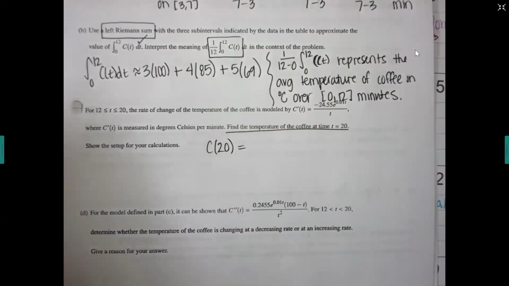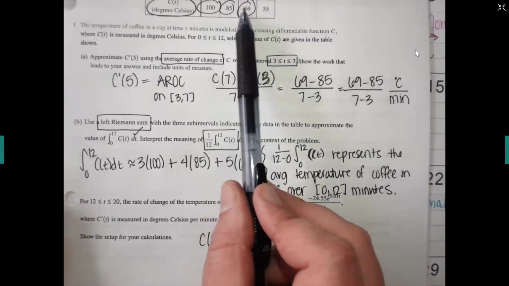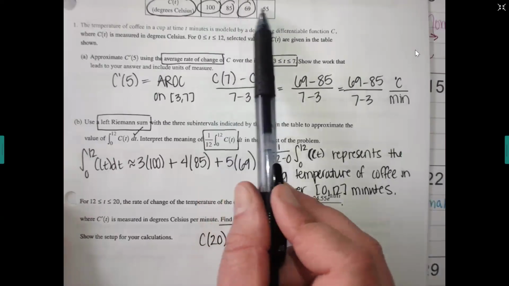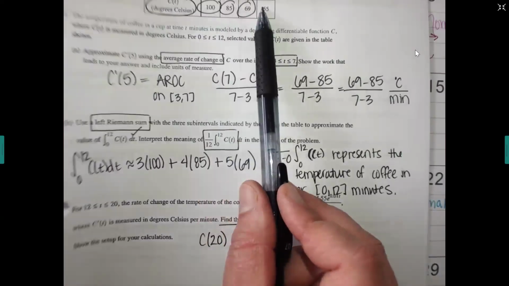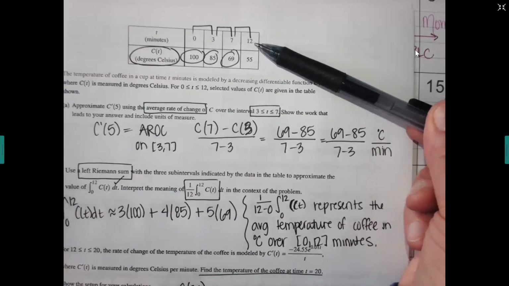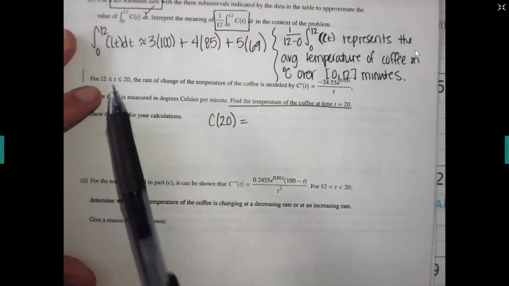And then where can I start with the coffee's temperature from? They had to give me some different temperatures, and I have several that I can choose from up here. Which time would I want to use the coffee temp at? I'm going to use it at 12 because that's where the table starts, but you'll notice that's where my equation picks up.